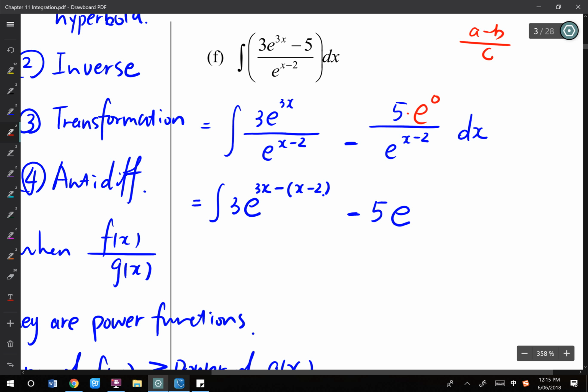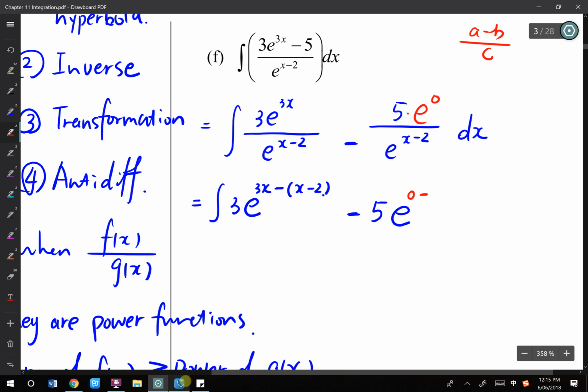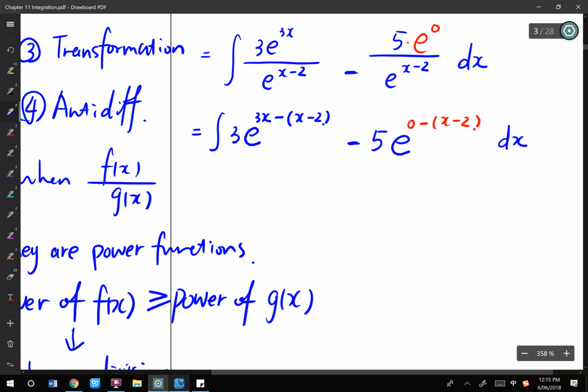I still have the same base, but it's a 1, e to the power of 0, so I will use 0 minus (x minus 2), and then dx. Or we can say minus the power at the bottom to flip it up. So this equals the integral of 3e^(2x+2) minus 5e^(-x+2) dx.